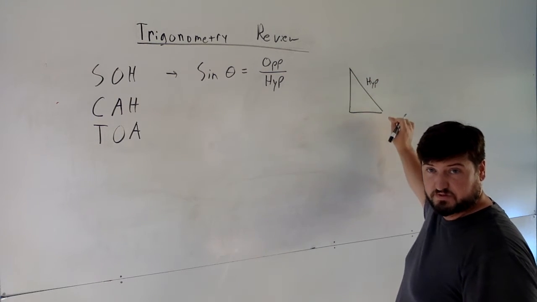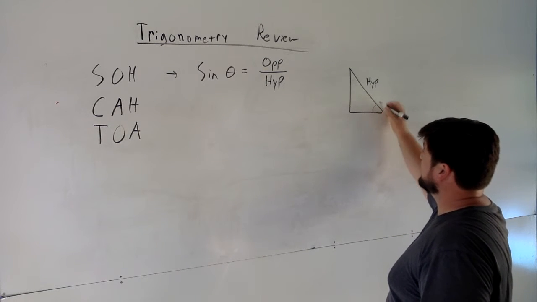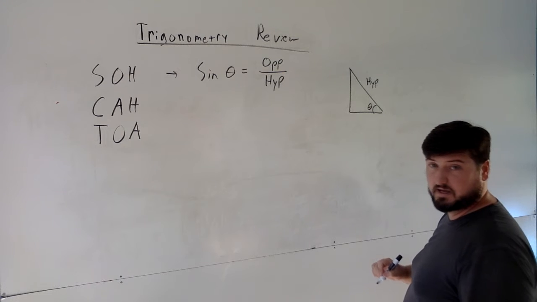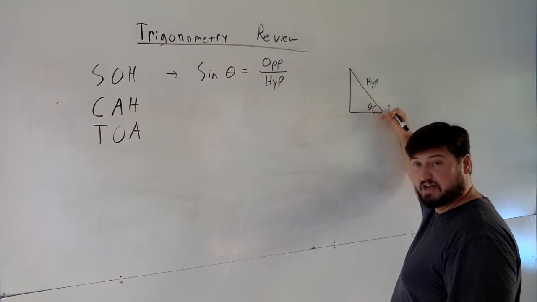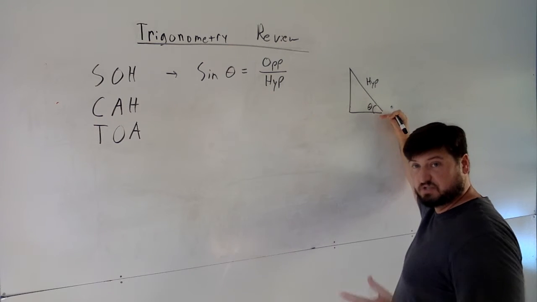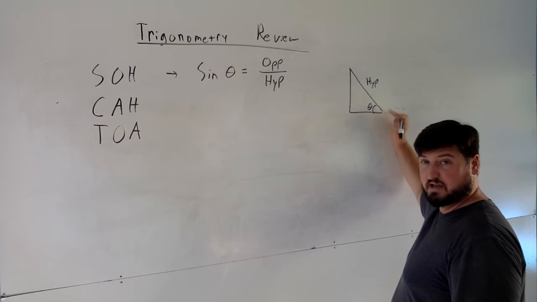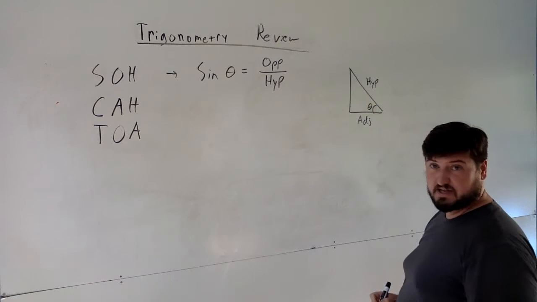It's always going to be one of the two acute angles. So if this right here is the one we're talking about, that's our theta. That means the side that is alongside or adjacent to, because adjacent means alongside, the side that is touching that angle, is our adjacent side.